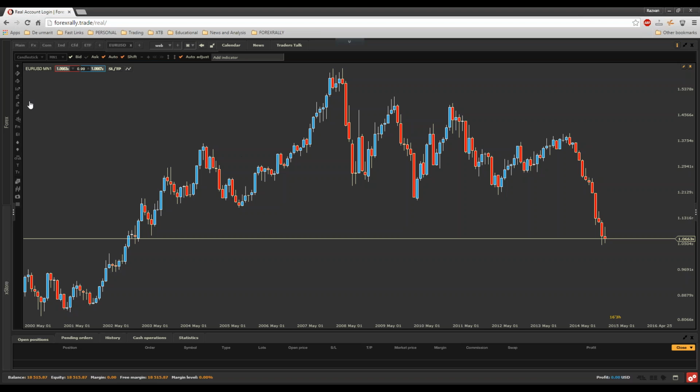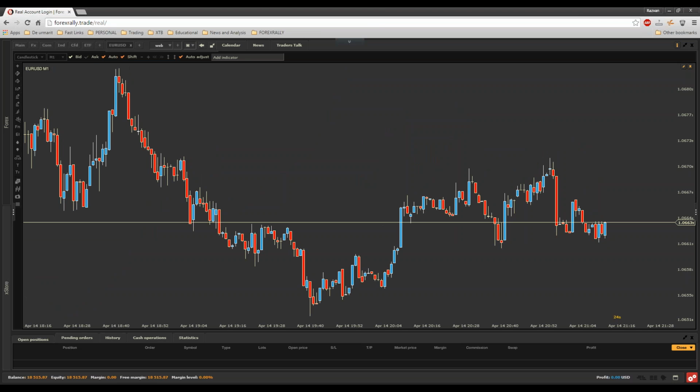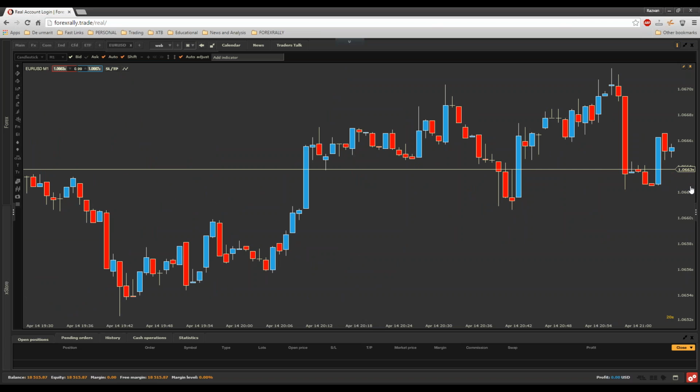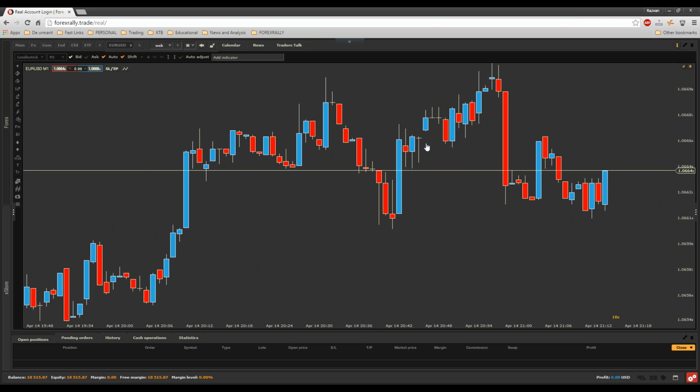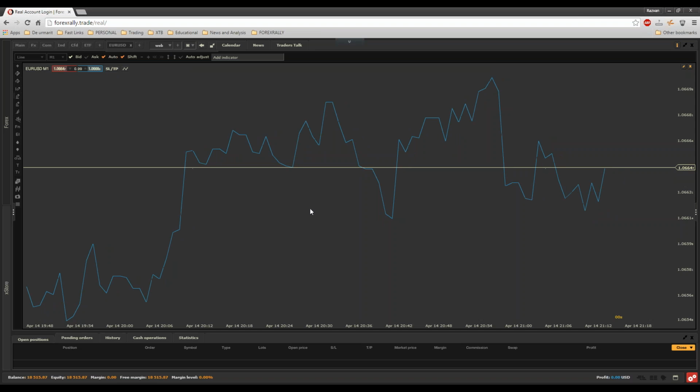Now let me show you what a time frame really means on this platform. I took here M1. It means that in just 1 minute of trading, the platform will actually tell me how the price moved. This is a candlestick bar, but you'll also see charts like, and I'll show you right now, some others like line charts.